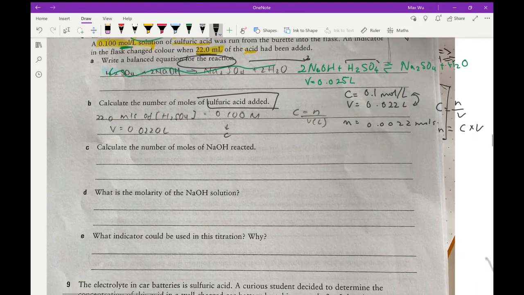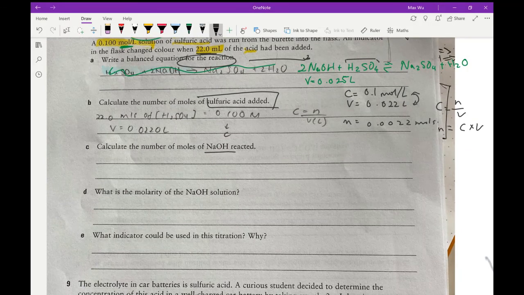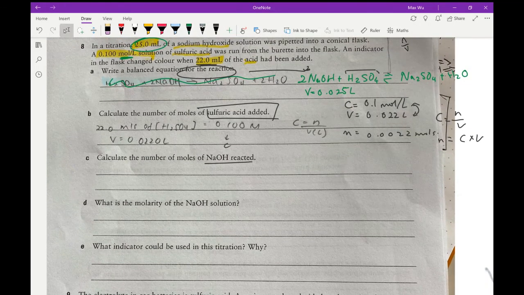Beautiful. Now calculate the number of moles of NaOH reacted. So this is something cheeky, right? We noted molar balance. There's actually a 1, there's a 2. I taught you guys this before. It's not very accurate, but if you have a balanced equation, you can simply do this. If we have 1 mole of sulfuric acid reacts with 2 units of sodium hydroxide, we just multiply the moles, right? Because it has to be 1 unit of this multiplies with 2 units of sodium hydroxide.